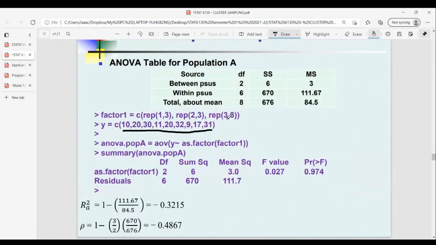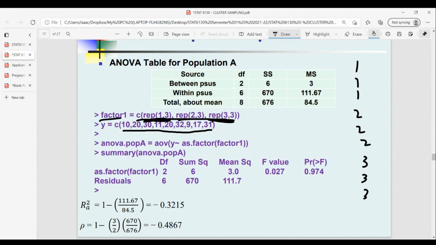So this is how you do it in R. This is going to create a column with 3 ones, followed by 3 twos, followed by 3 threes. Repeat 1 three times means it'll repeat that, then it'll repeat 2 three times, then 3 three times. Then I stick all that into one column and call that factor 1.